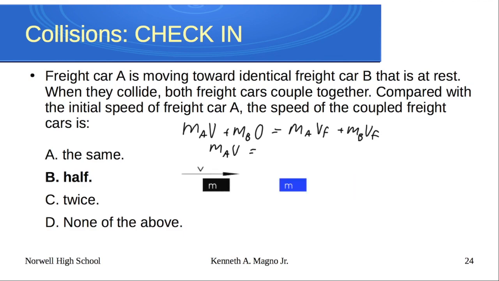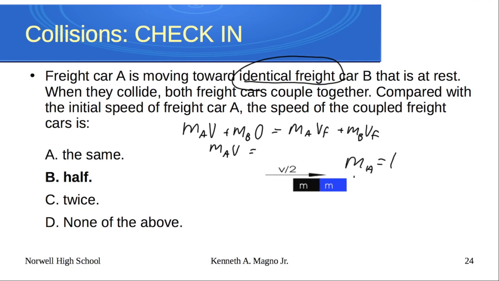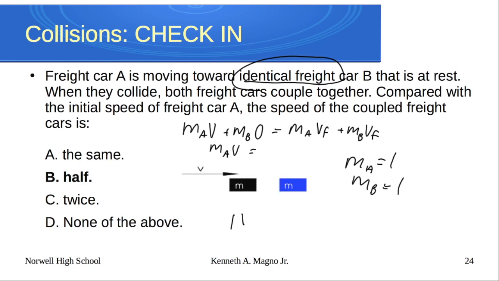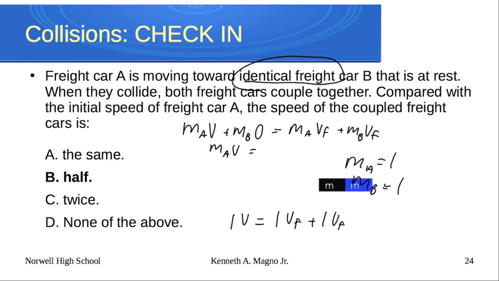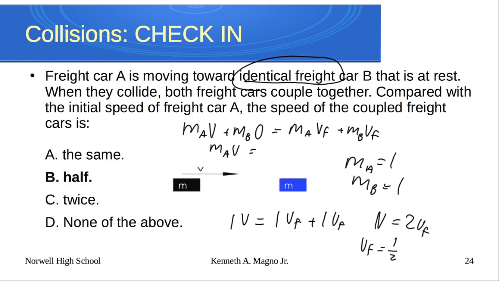They gave us this extra thing, that they're identical freight cars. So let me give a simple thing and say that the mass just happens to be 1. So if MA is 1 and MB is 1, that would tell me that I've got 1V equals 1VF plus 1VF. So that means V is equal to 2VF. So that means that VF will be equal to 1 over 2 V, or half of V, after the collision.